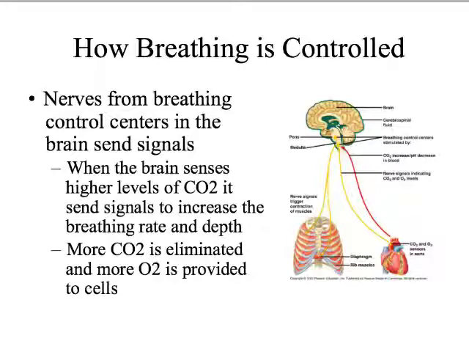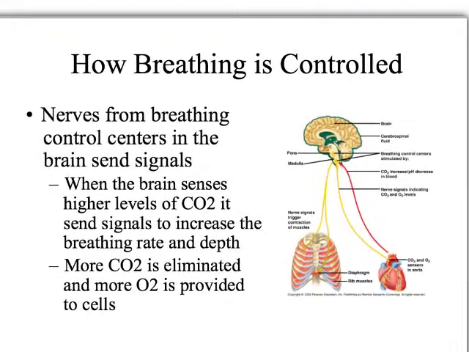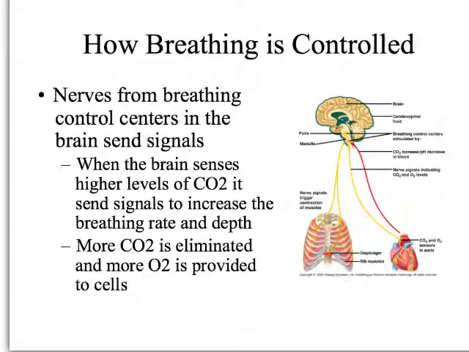The signal goes to our rib muscles and diaphragm, and either increases the rate of contraction or makes it a bigger, longer contraction, so that we get more air into our lungs and can expel more air out. Remember, the more carbon dioxide that's eliminated, the more O2 that's provided to the cells, the better we can regulate our gas exchange within our bodies.